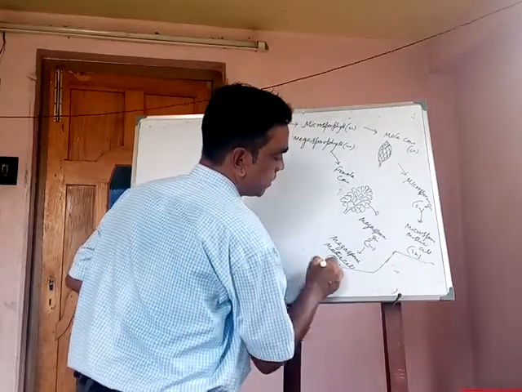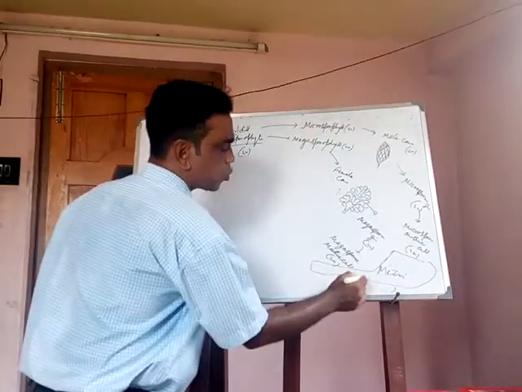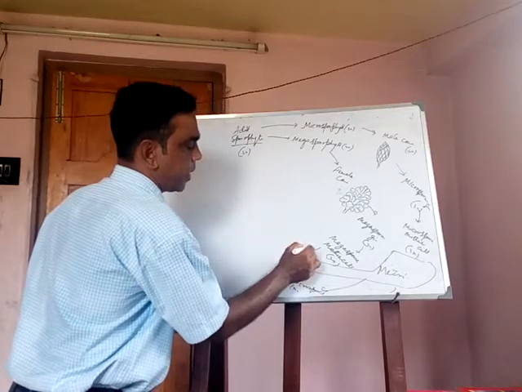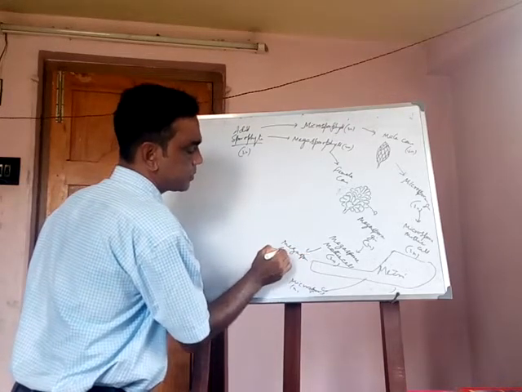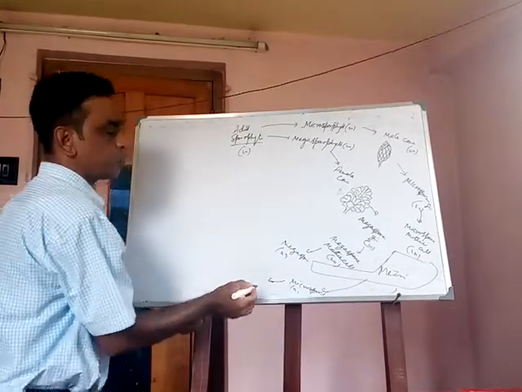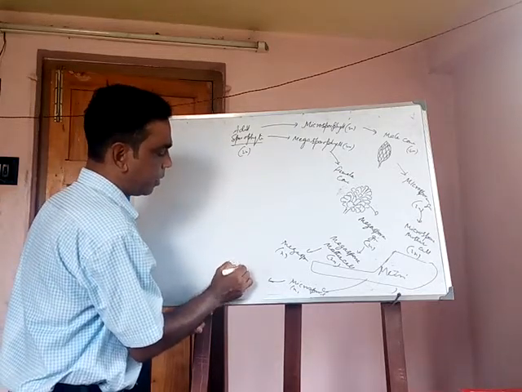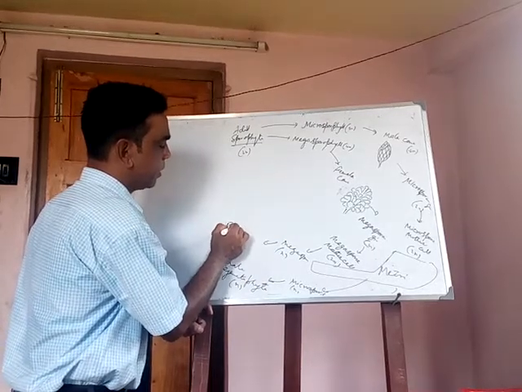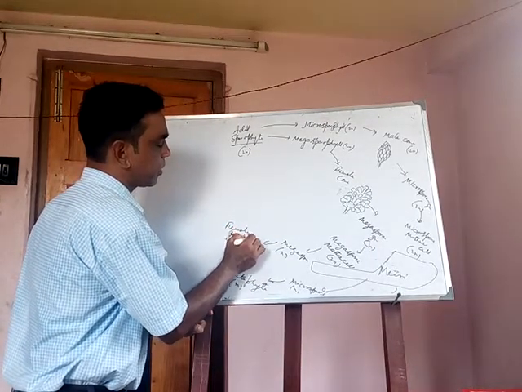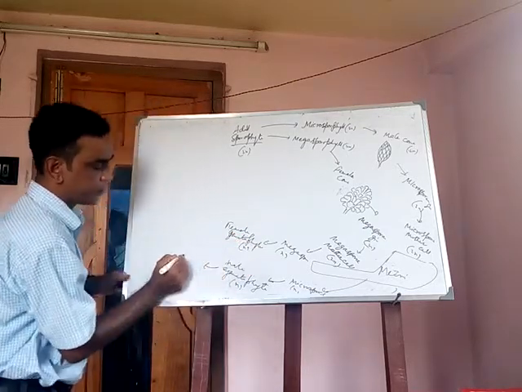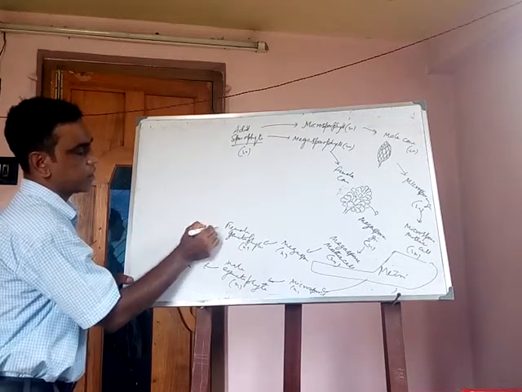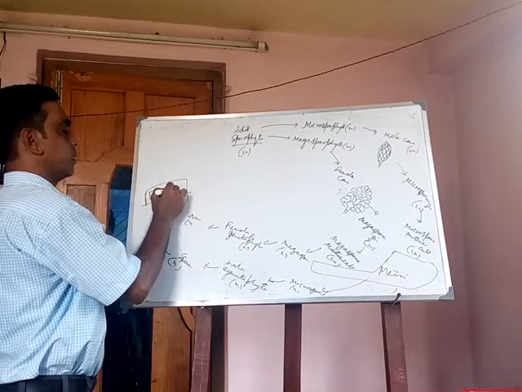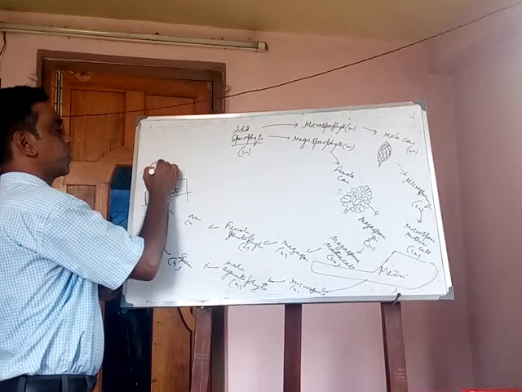After meiosis, cell division, the microspore mother cell produces microspores, that is N, and the megaspore mother cell produces the megaspore, this N. Microspore produces the male gametophyte, that is N. It produces the female gametophyte, is N. It produces the sperm, it is N. It produces the ovum, that is N, and fertilization takes place and formation of zygote.